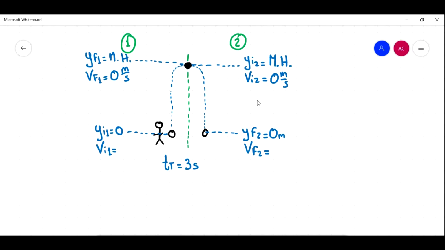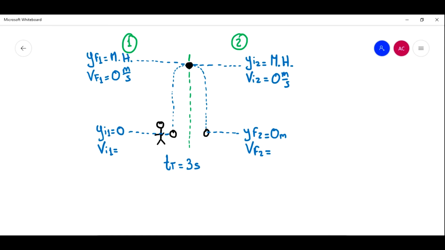Also, for both segments I'm going to have the value of the gravity. I'm just going to write it in segment number 1. Gravity acceleration is minus 9.8 meters per second squared. And I'm going to have time 1 and time 2.